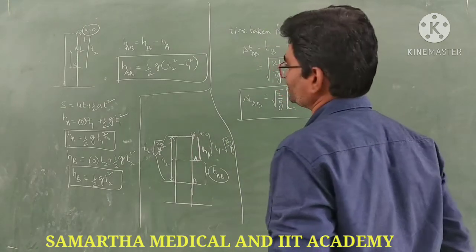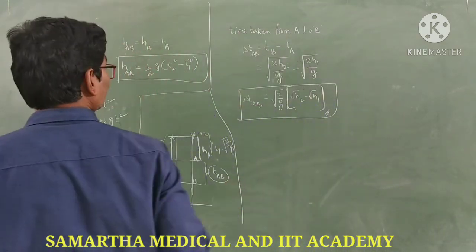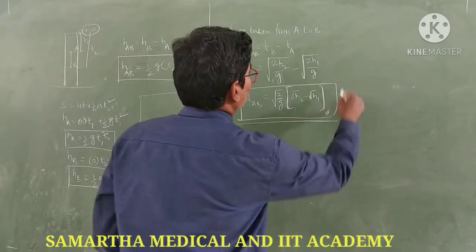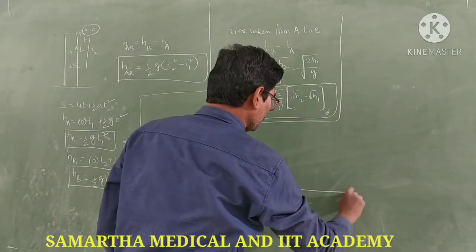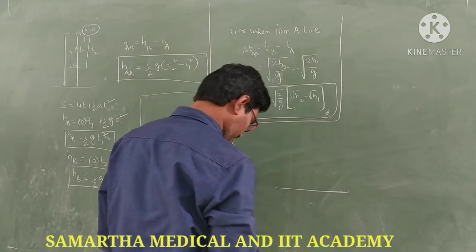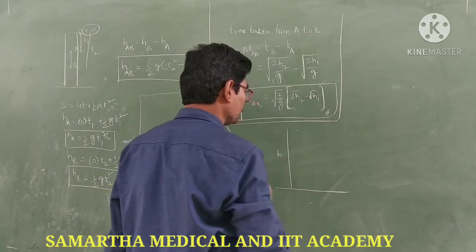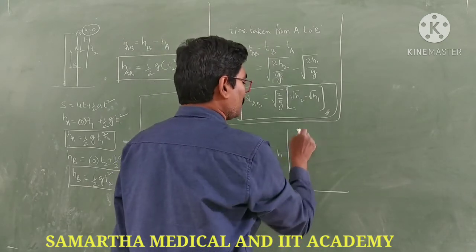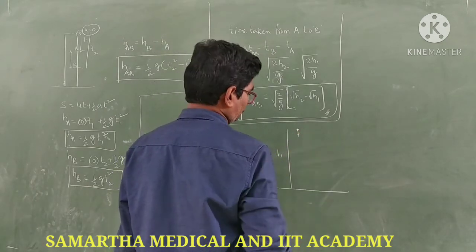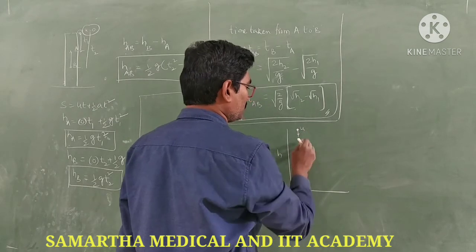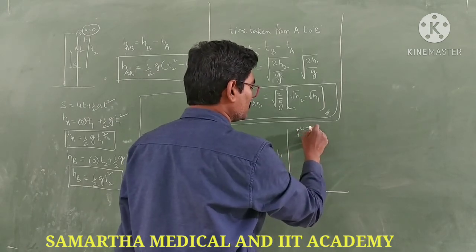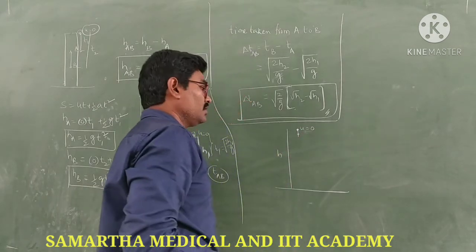This is the next case. Suppose you see the next case. From a certain height, a body is dropped with an initial velocity u equal to 0.